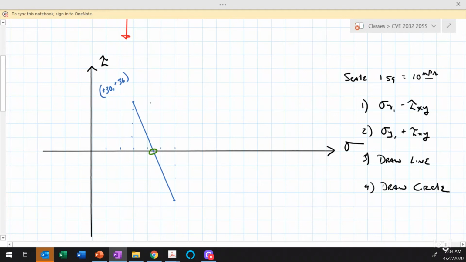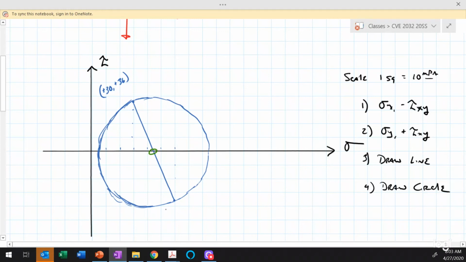I'll have to freehand it the best I can. I can't use a compass, obviously, on my graphing tablet here, and I don't have a circle template that is big enough. So, and an artist I am not.